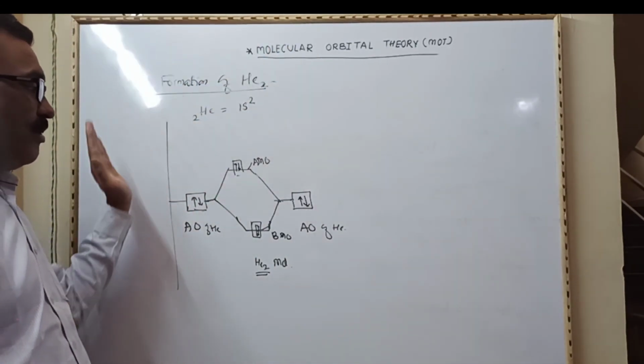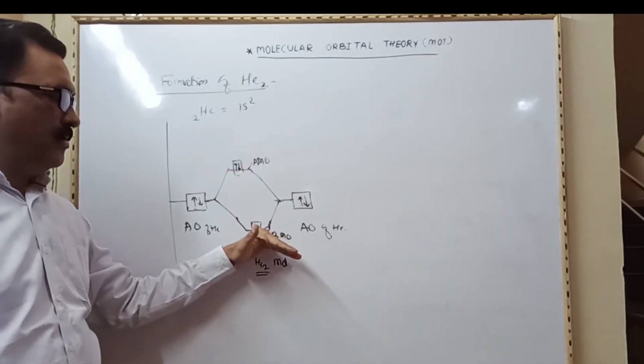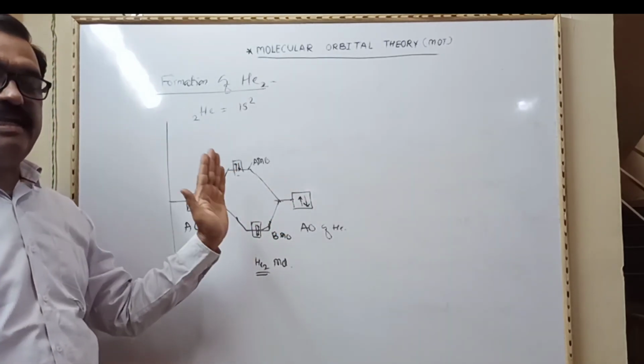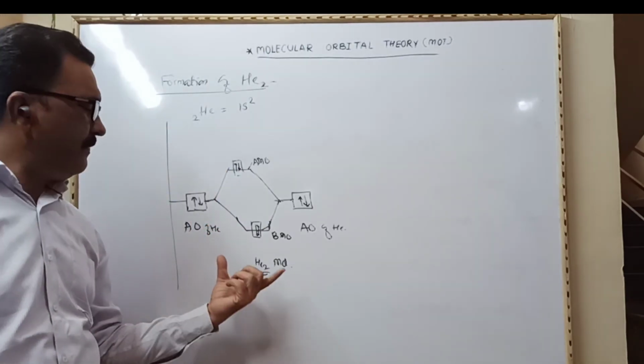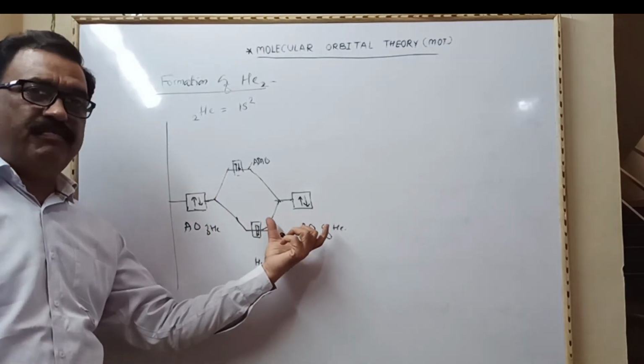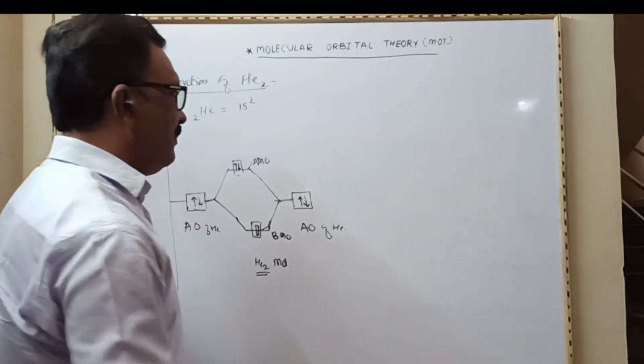According to molecular orbital theory, such bonding as well as anti-bonding molecular orbitals are formed during the overlapping of two atomic orbitals of helium atoms.